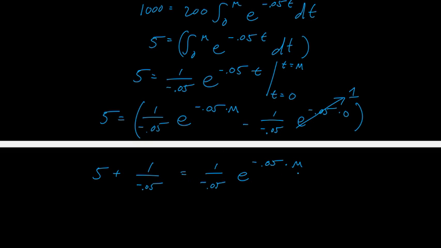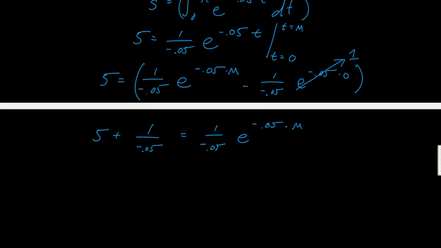So notice you could have multiplied some things at different points if you're wondering about that. But the way you could finish this one off is you're going to have to use logs. And to use logs, you want to get the e by itself first. So we're going to multiply by the reciprocal of this. So we'll do negative 0.05 times 5 plus 1 divided by negative 0.05, just what was on the other side.